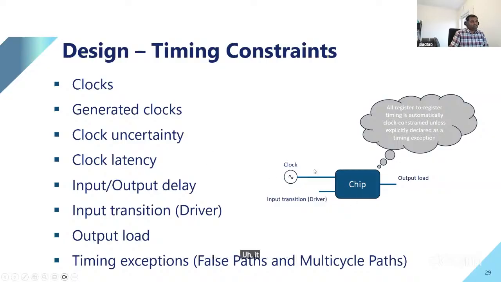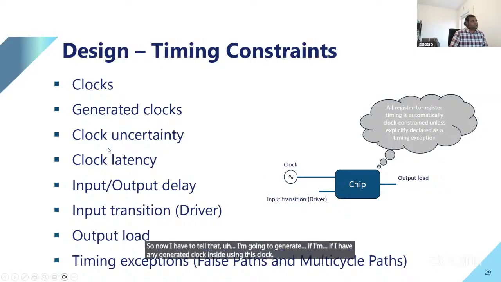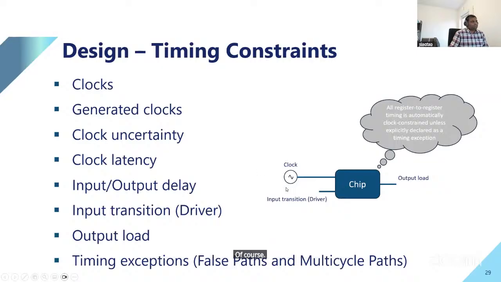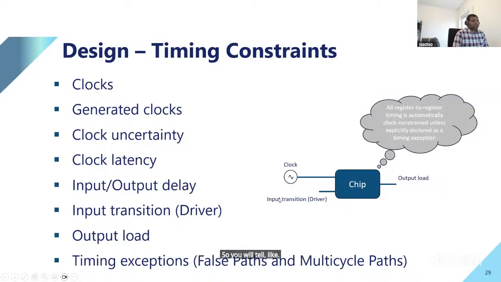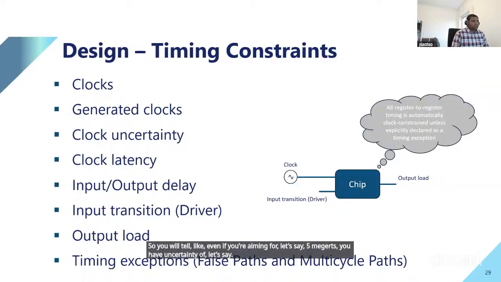If I'm using this clock and internally generating some clocks, let's say divide by 2, divide by 4, whatever, I have to tell the tool about any generated clock inside. Of course, no clock source is ideal, so every clock source has some kind of uncertainty. Even if you're aiming for, let's say, 5 megahertz, you have an uncertainty of, let's say, 0.1 nanosecond.